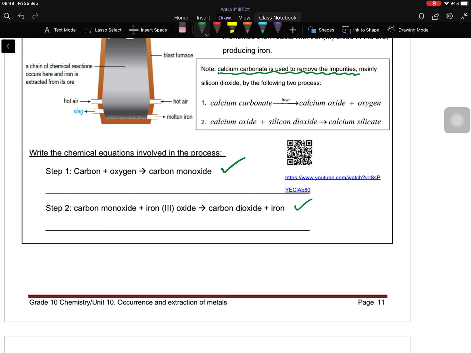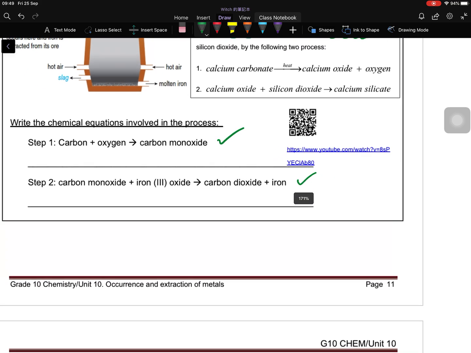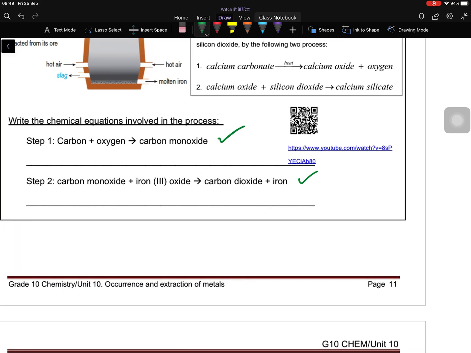The second one is that if we use carbon directly, don't forget carbon is a solid, and it will mix with the iron metal. This is difficult for us to separate. Further separation means more money should be involved, so we should use carbon monoxide, which is better for the further purification. So if you have any problem, feel free to ask me later on.